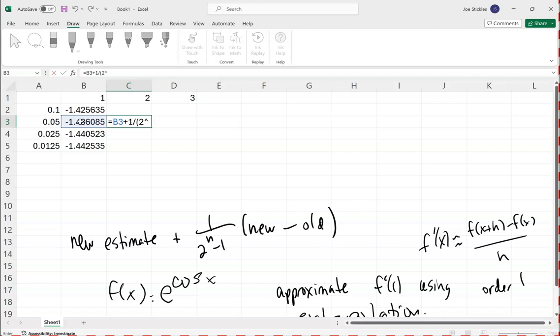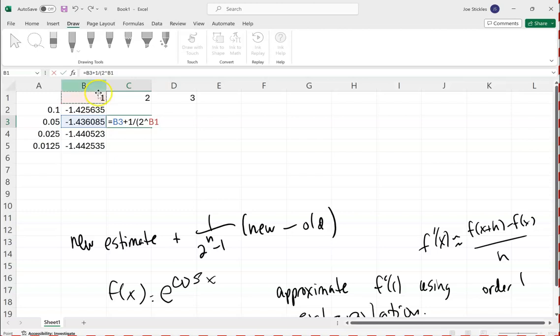The order of the previous approximation should be this 1 here, right? So I want to refer to B1, but when I copy this, I don't want the row to change, right? Because I want to copy it down. Now I do want the column to change as I copy it across, because I want to refer to the orders in each column.